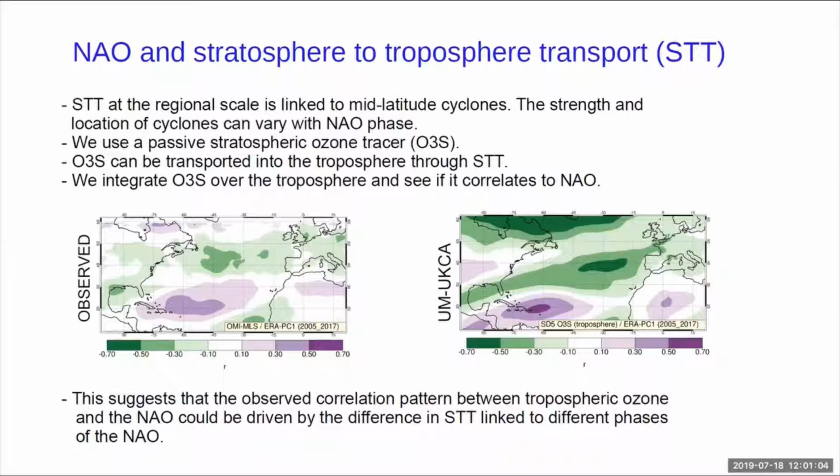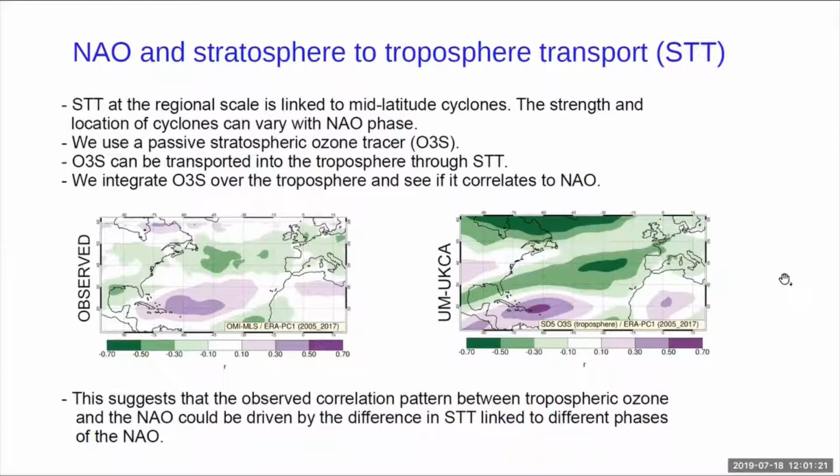This is the ozone transport into the troposphere through this STT process. So we integrate this O3S over the troposphere, and what we get on the right shows exactly that.